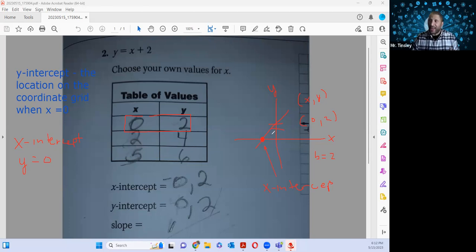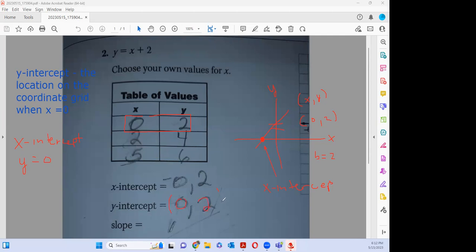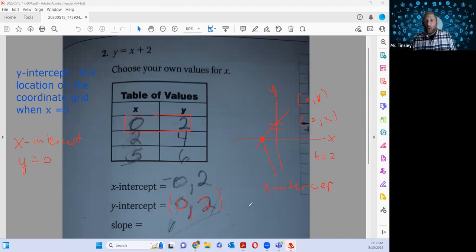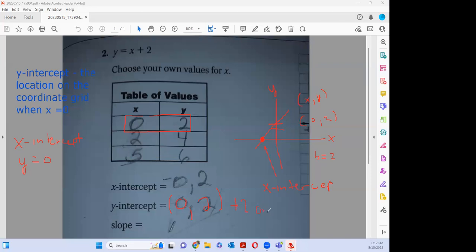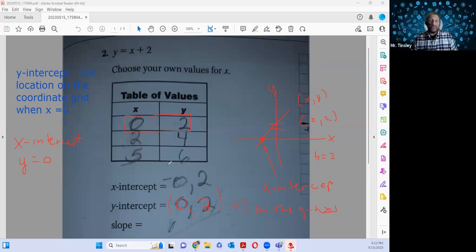But again, where's that pair? So what we know about the y-intercept is that, remember, all ordered pairs should be two numbers in parentheses, right? So your y-intercept is 0, 2 or plus 2 on the y-axis, right? Your x-intercept is going to switch. It's where your y is equal to 0.